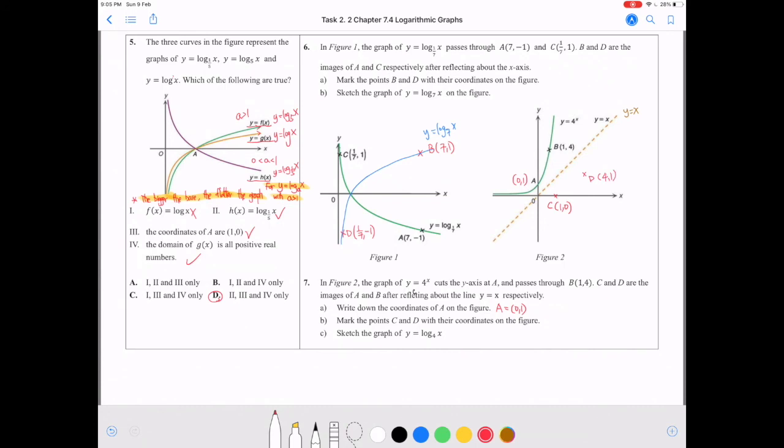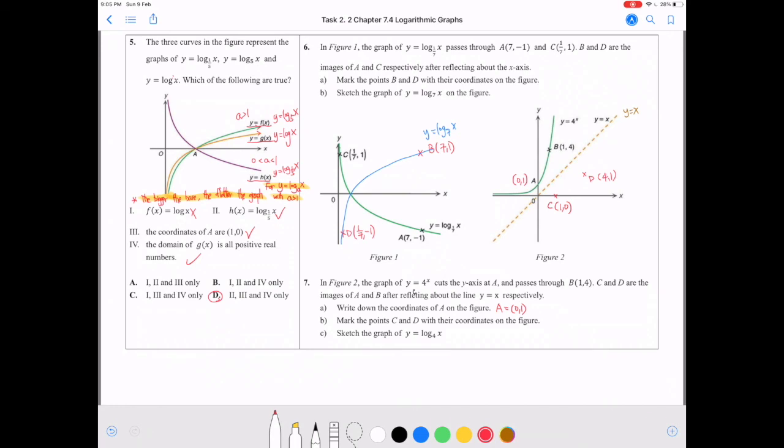Part C, we sketch the graph of y equals log base 4 of x. Just now we have learned y equals 4 to the power of x and y equals log base 4 of x are inverses of each other, right? That means they show reflectional symmetry about the line y equals x.